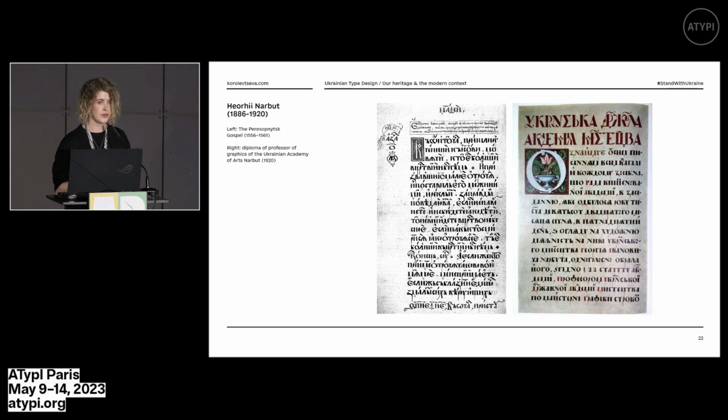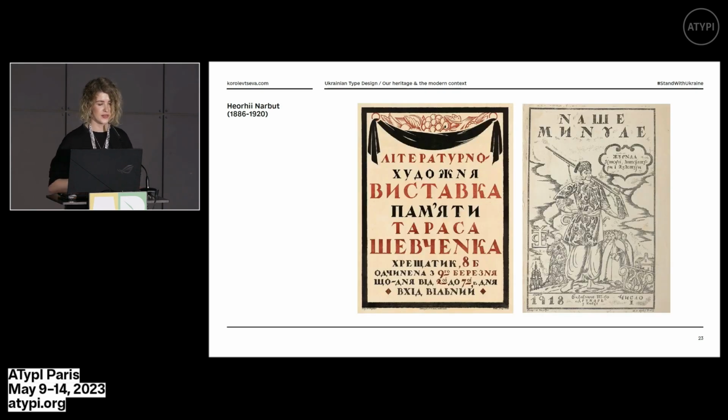So Georgy Narbut was inspired by our heritage. Moscovia was trying to destroy, to burn our heritage, but Georgy Narbut found inspiration in this, and now modern Ukrainian designers are being inspired by Georgy Narbut. So it's an important part of our history and roots.